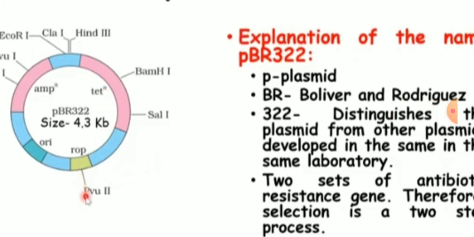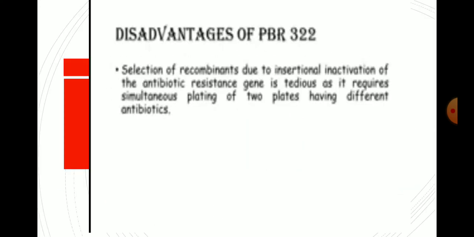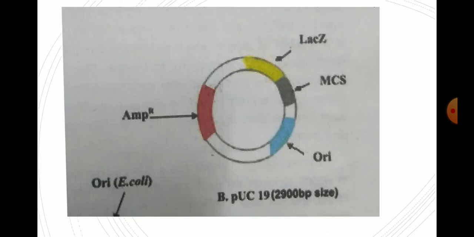A second example we can give is pUC19. Here you have the MCS, that is the multiple cloning site, and from this region you can see the origin of replication also, and here is the lacZ gene.